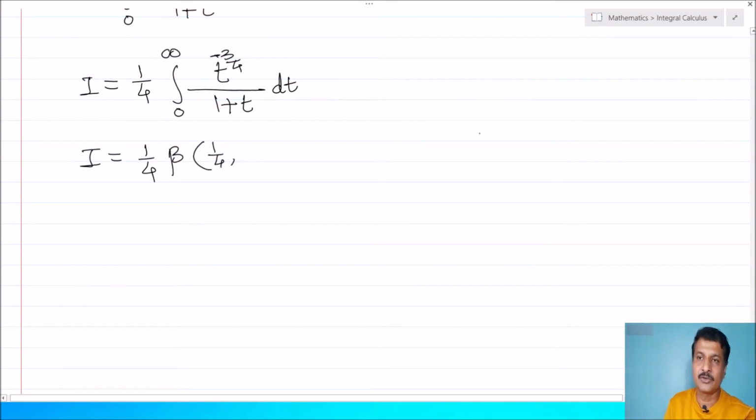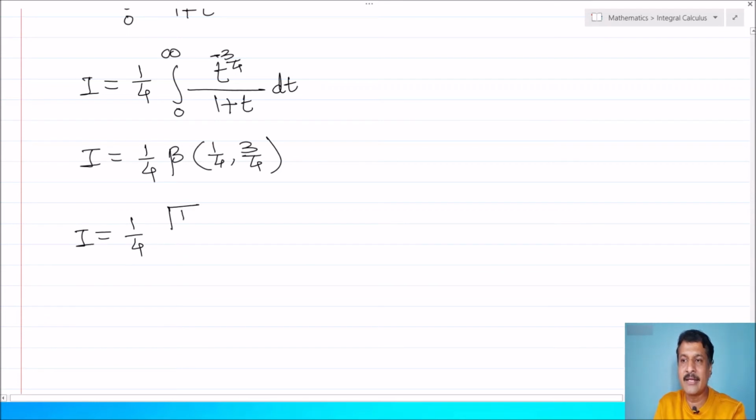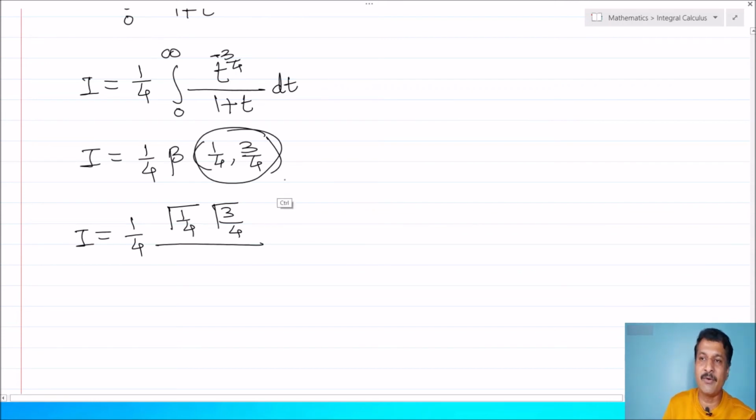It is 1, so 1 minus the first number gives 3 by 4. So how to evaluate this beta of 1 by 4, 3 by 4? Whenever beta is there, you convert it into gamma using the relation between beta and gamma. So I can write I equals 1 by 4 gamma separation upon gamma addition. What is the addition of these two? 1 by 4 plus 3 by 4 is 1.